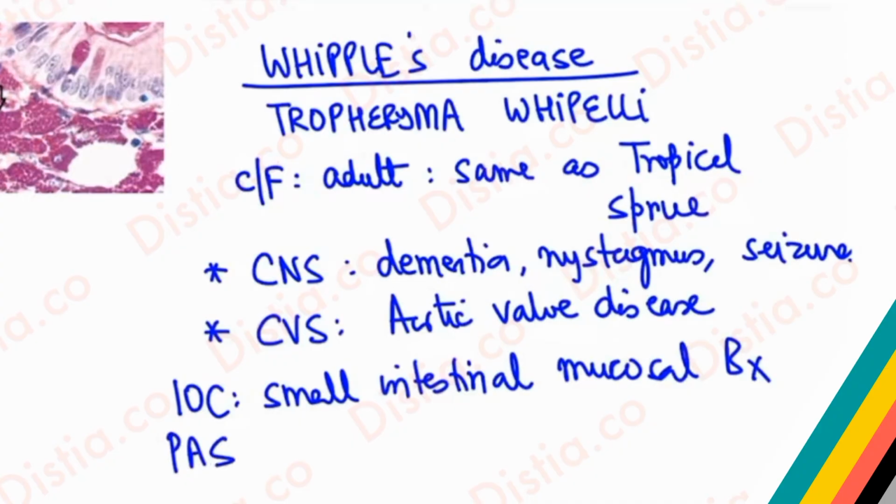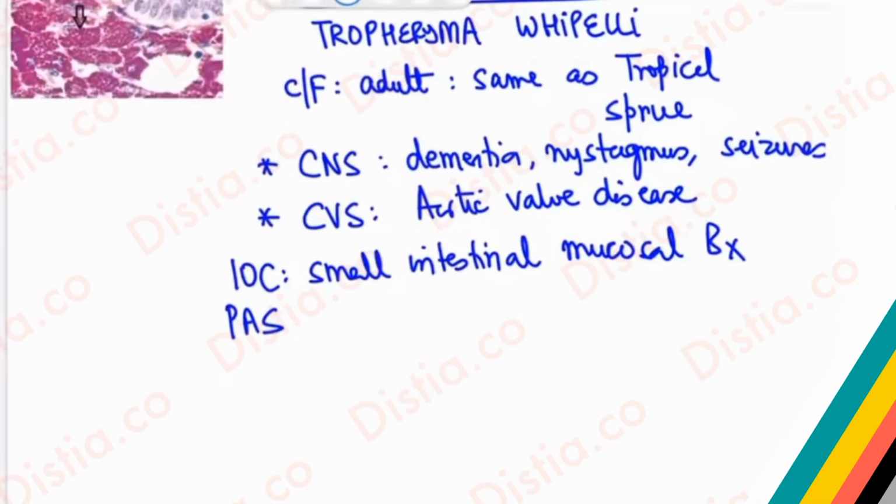Most of the time, the multiple choice question will itself describe all these findings, that is, PAS positive intracellular bacteria. And why am I highlighting this statement? Because I need IV antibiotics, because the infection is so deep-seated in the gut.